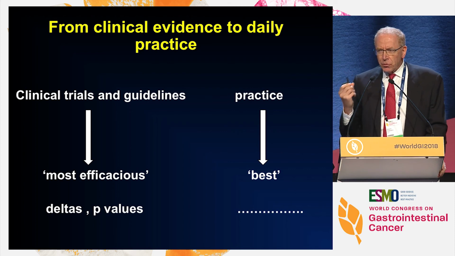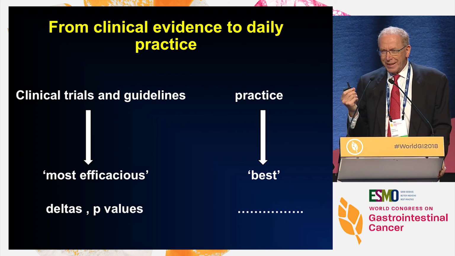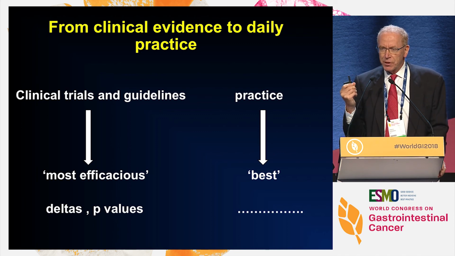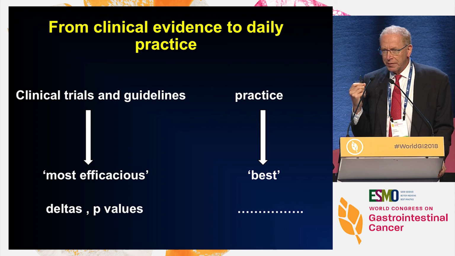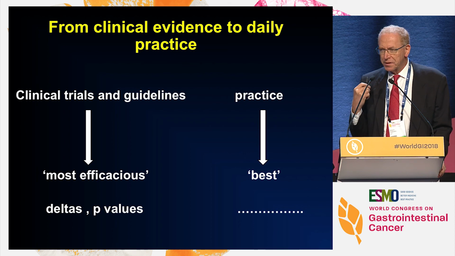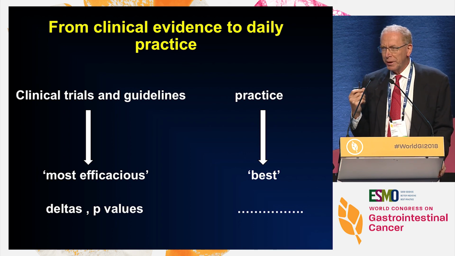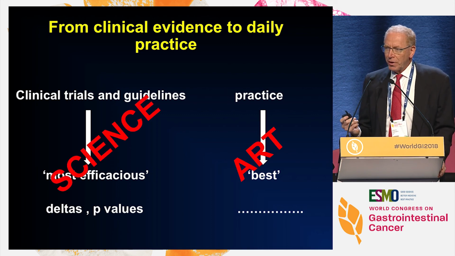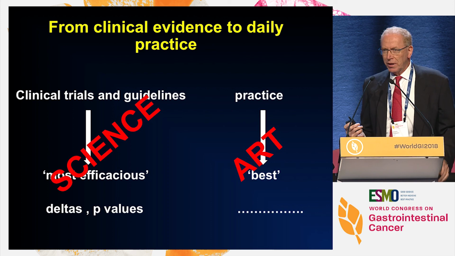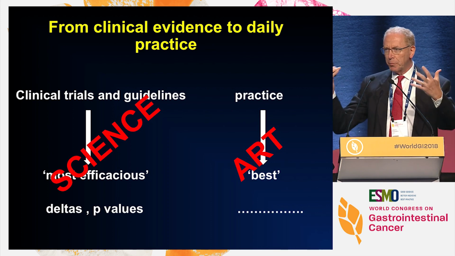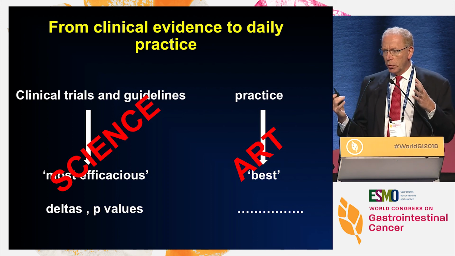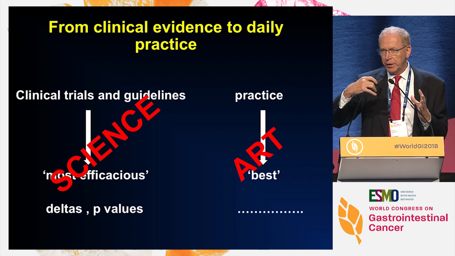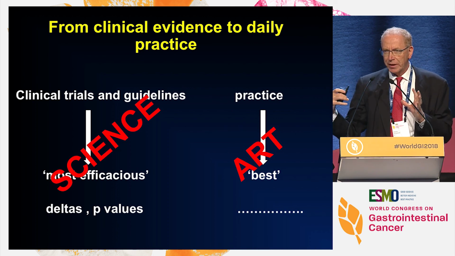Because clinical trials give this principle that allows us to identify the most efficacious treatment. Most efficacious is a scientific term that nourishes itself by deltas and p-values, whereas our practice calls us to choose the best treatment, and best is a non-scientific term. So essentially, what practice calls us to do is an artistic part of our profession, whereas clinical data interpretation is essentially a scientific effort.